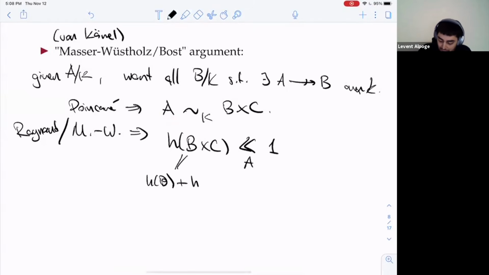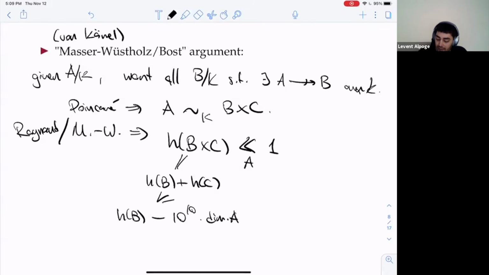That's supposed to be a B, sorry. That looks pretty good because the Faltings height of B cross C is the height of B plus the height of C. I'm going to actually erase that because it just looks so bad. Okay. And it looks good because heights are supposed to be non-negative, but the Faltings height can be negative, but not that negative. So Bost's lower bound: the height of C is at least some constant minus some constant times the dimension of C, and you can bound the dimension of C by the dimension of A, for example.